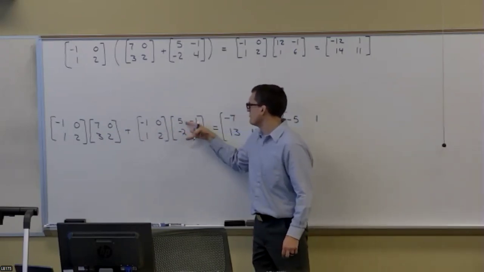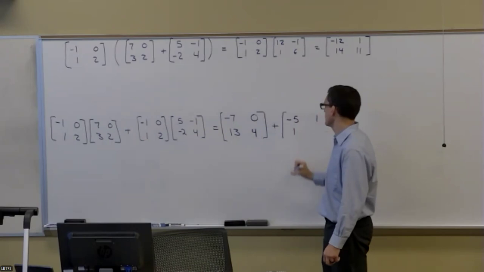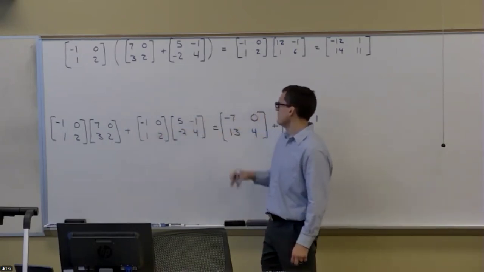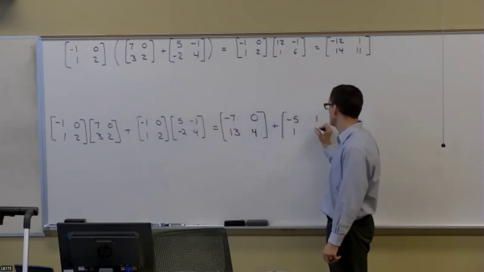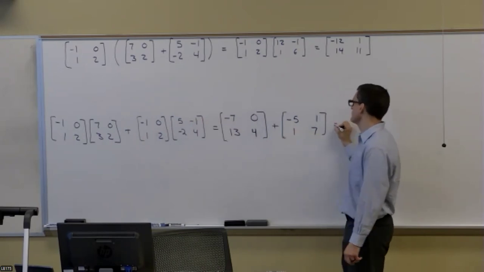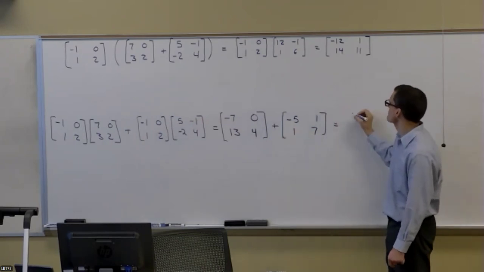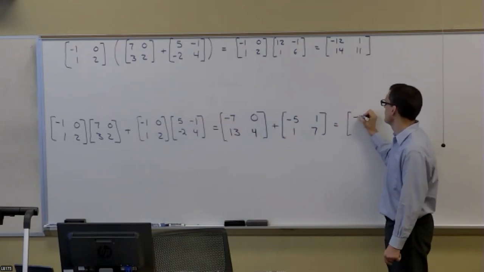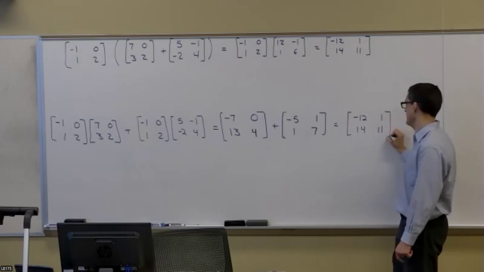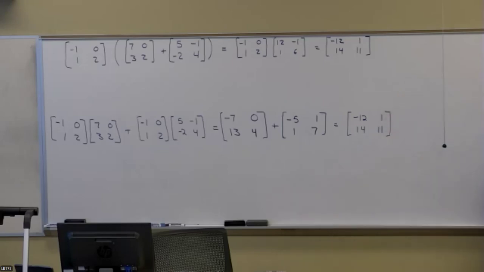Then we get 5 minus 4, that's 1. Then we get -1 plus 8, which is 7. Notice what happens. We get -12, 1, 14, and then 11. Is that right?